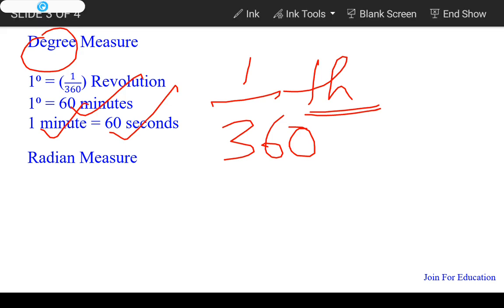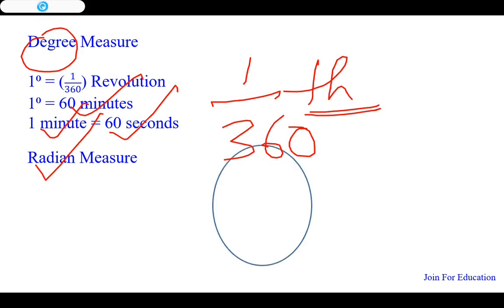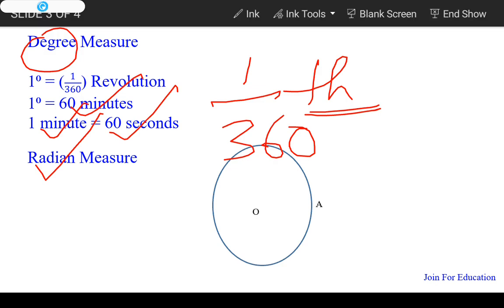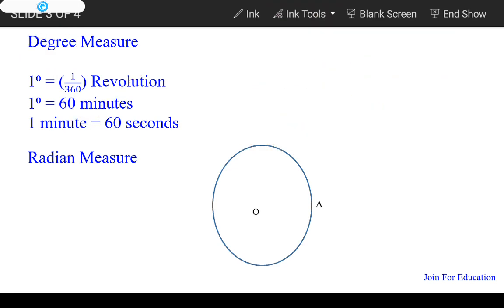Radian measure. Radian is also a unit of angle through which we measure the angle. For this we consider a circle.